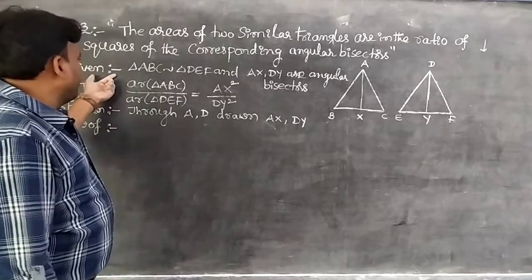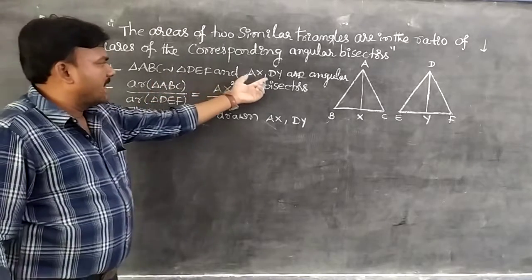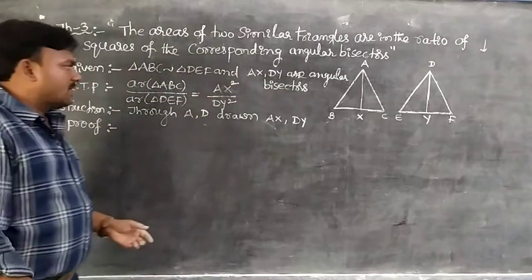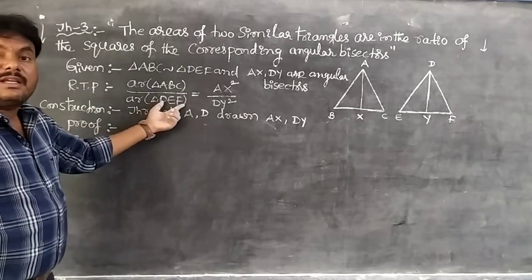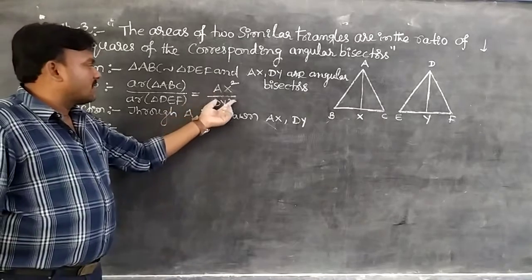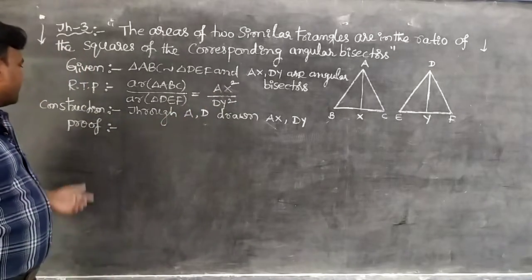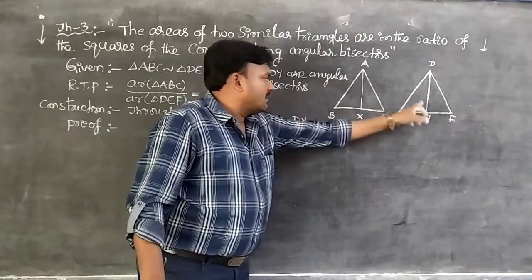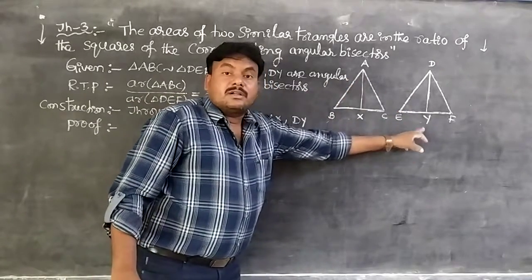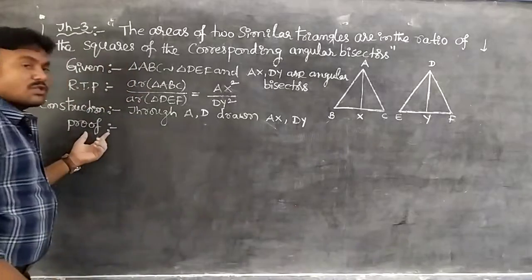Given triangle ABC is similar to triangle DEF, and AX and DY are angular bisectors. What we prove here: area of triangle ABC by area of triangle DEF equals AX square by DY square. Construction: through A and D we draw AX and DY. These are angular bisectors, and this is what we have to prove, students.